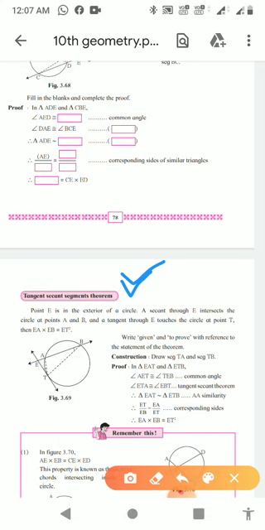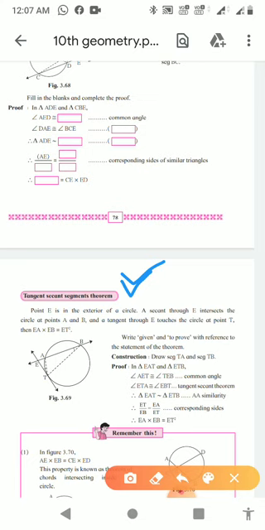Now you can imagine how important it is. We will first understand this theorem clearly, then we will quickly revise these concepts, discuss some solved problems, and at last we are going to solve the practice set.